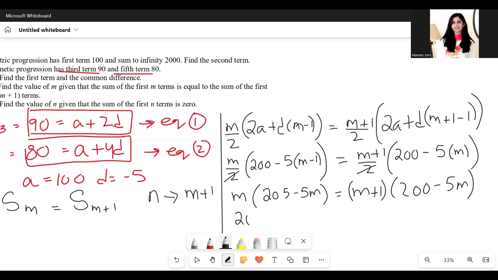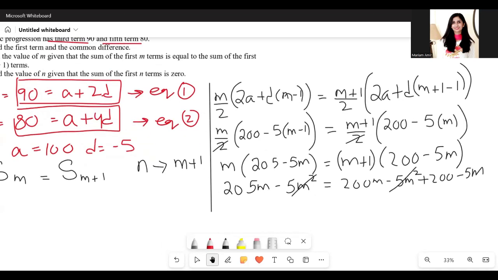We get 205m minus 5m squared on one side, and expanding the other side, we get 200m minus 5m squared plus 200 minus 5m. Notice that negative 5m squared on both sides gets cancelled.